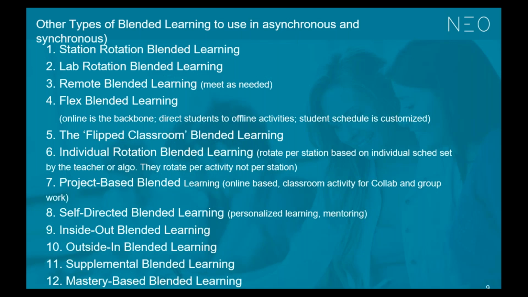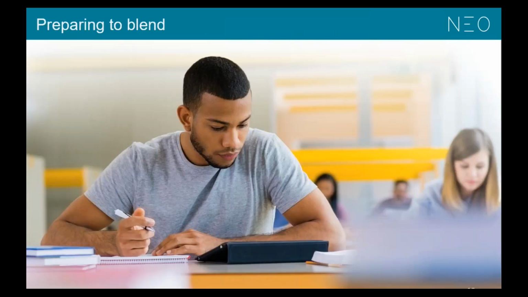Now, how do we prepare to do this blended type of learning using a learning management system? I call this preparing to blend. I'll share with you a process that I have developed over the years that I have been teaching and doing this hybrid type of learning, also using a learning management system.